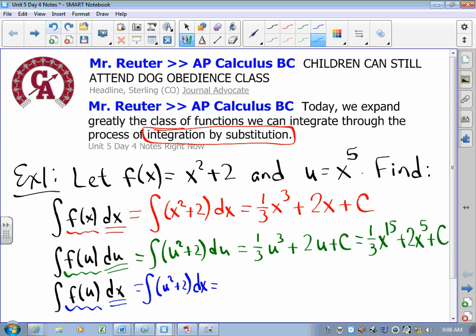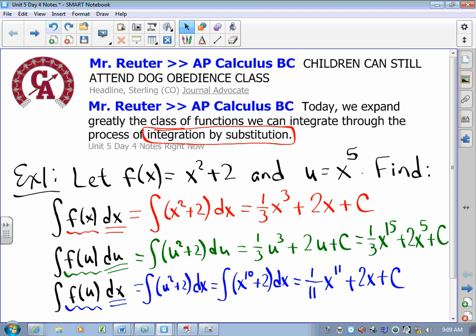We have a differential, that's dx, but our function is in terms of u. Luckily, we have a connection. U is x to the 5th, so this is just x to the 10th plus 2 dx. And so what is that? That's 1/11th x to the 11th plus 2x plus a constant.